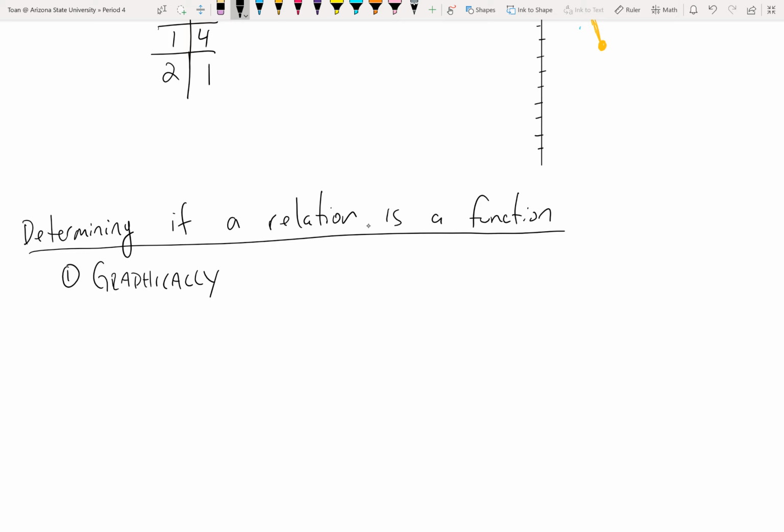Testing to see if something's a function or not just depends on using the definition. For every single input, there exists exactly one output. What is the implication of that definition graphically? Well, it creates the vertical line test. A vertical line test is a test of exclusions.